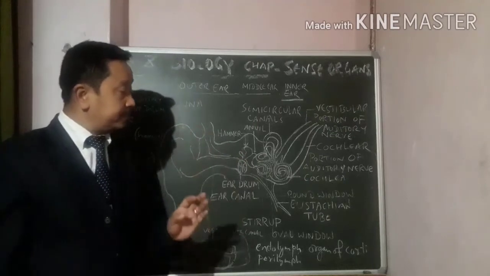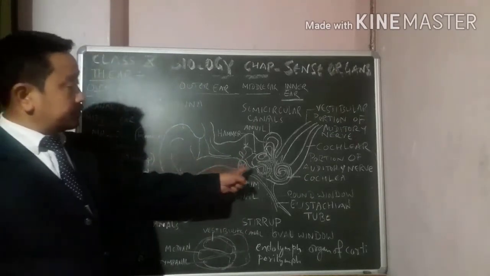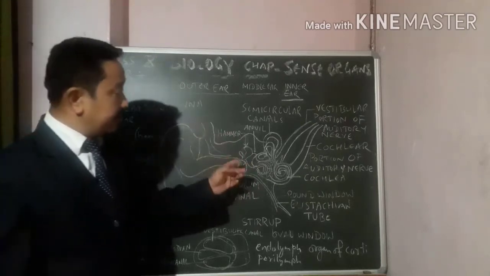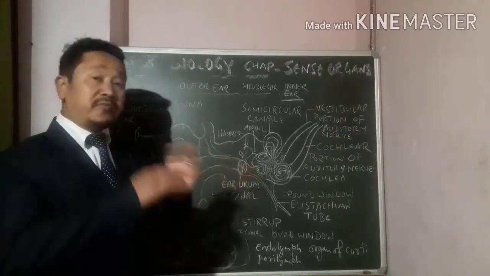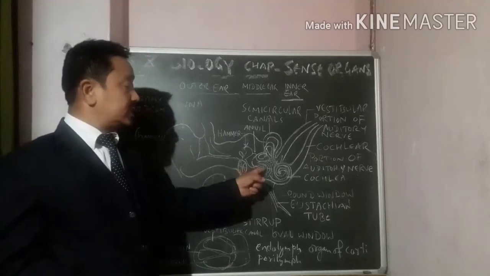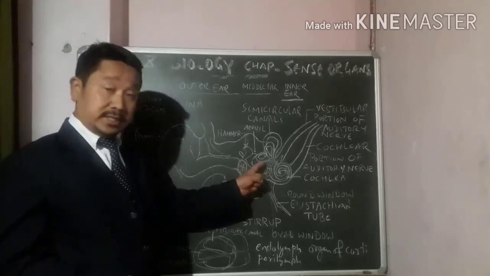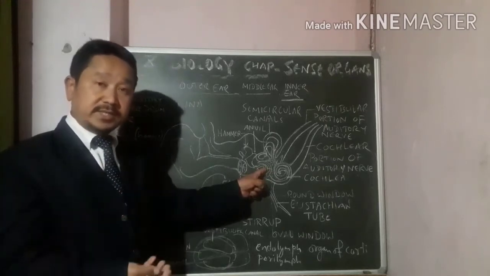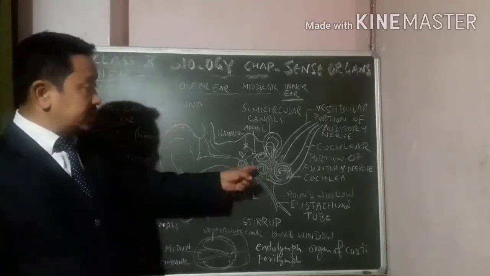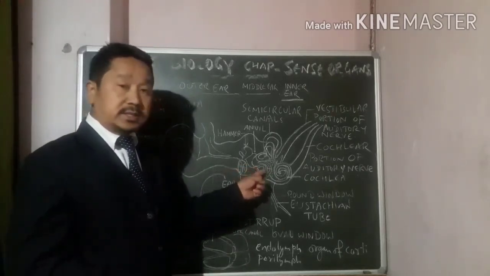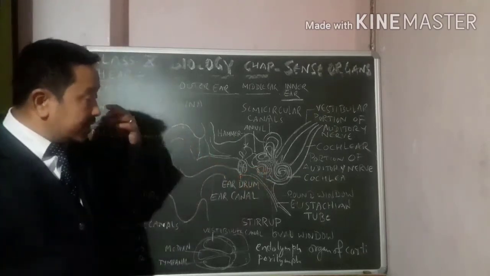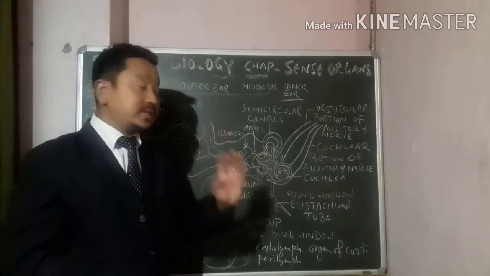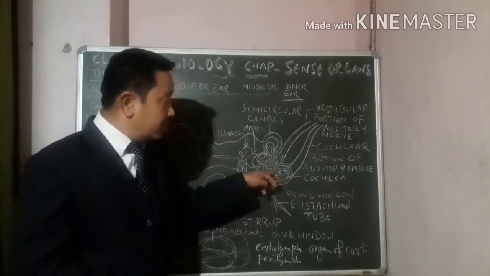Then the vibration in the stirrup will further set the cochlea into vibration via this oval window.